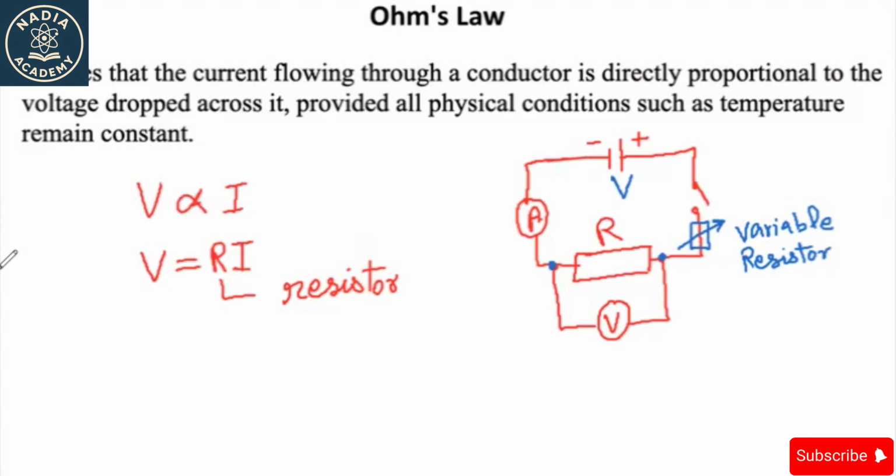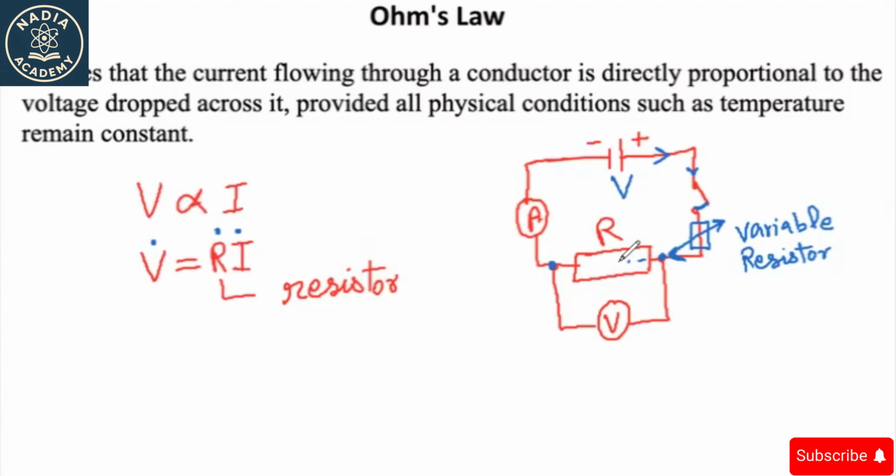So now let's try to understand these three concepts: the potential difference, resistance, and current. Let's start with the current. What is current? Let's say that we have connected this switch. Now this switch is on. Now the current will flow through this circuit from the positive terminal of the battery towards the negative terminal of the battery.